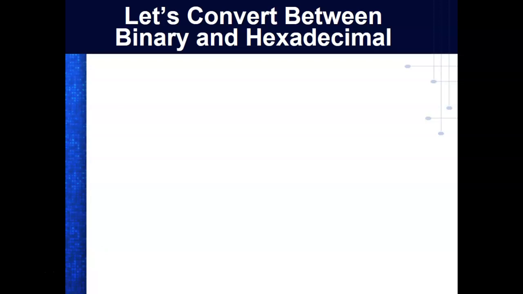So let's do binary to hex. We won't try to get too big, and I'll spread it out. In fact, what I'll do is I'll group it into fours to make it a little easier for us to do.